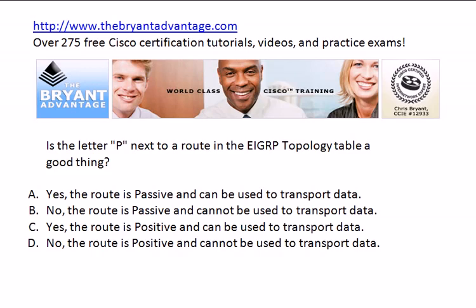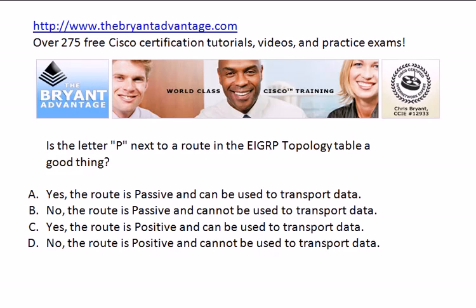The letter P stands for passive, and it is a good thing. And it's a little counterintuitive, because what we tend to see are either P for passive or A for active. And active sounds good and passive sounds bad, but it's actually quite the opposite. When an EIGRP route is marked as passive, that means that it is not being currently recalculated or calculated for any reason, and it can be used to transport data.